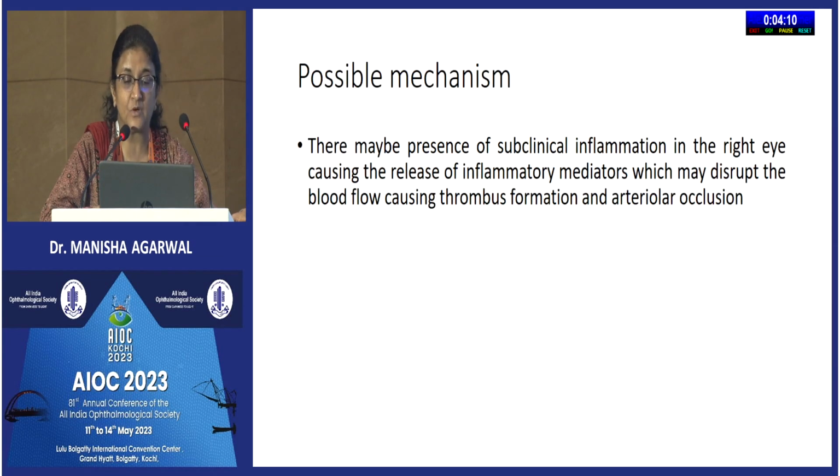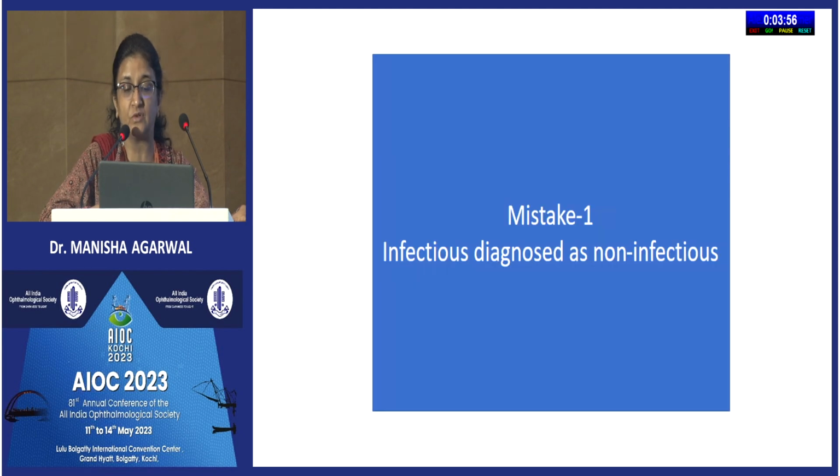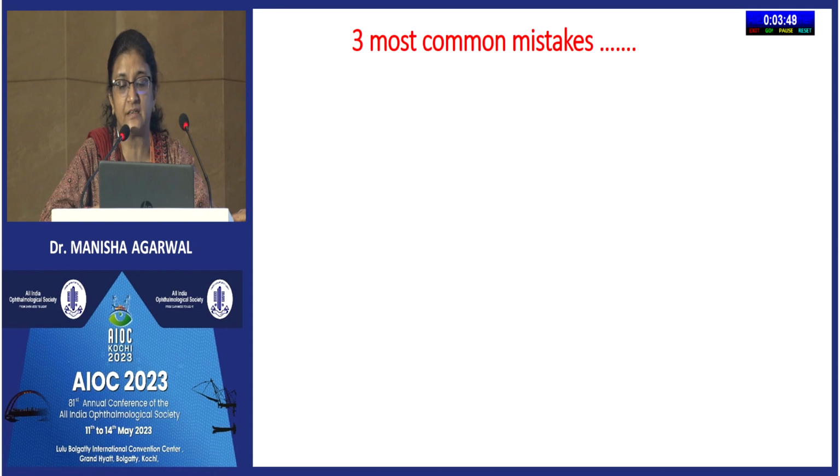So this again was a very important learning for us. The possible mechanism being that there may be presence of subclinical inflammation in the right eye causing the release of inflammatory mediators which may disrupt the blood flow causing thrombus formation and arteriolar occlusion. So here we had an infectious pathology, but the mistake was that it was diagnosed as non-infectious, which resulted in a delay in the treatment.